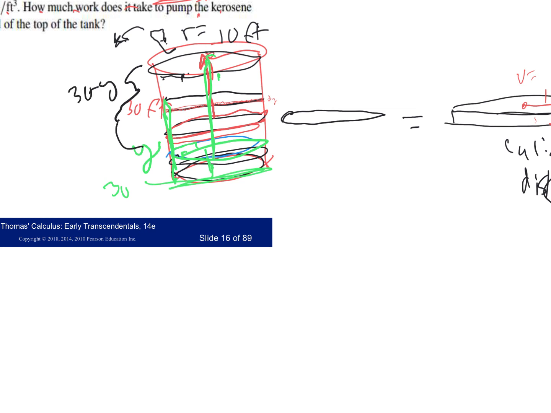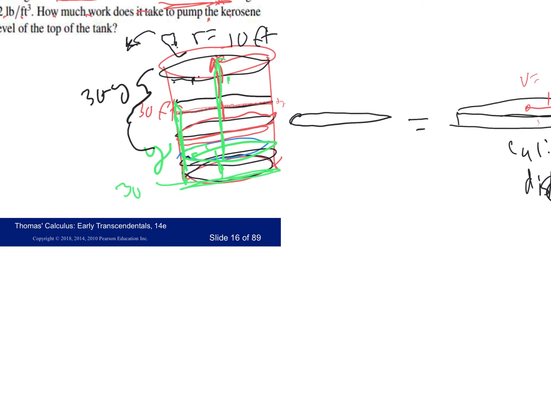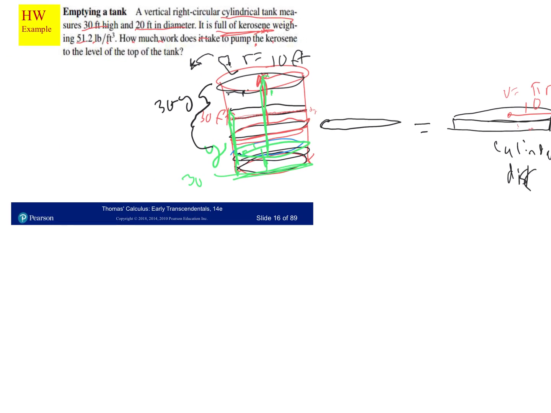Just like the rope being pulled up. Just like, what was the other problem? We did a rope. I already forgot what the other problem was. Oh, we did an elevator problem. So let's set this up.